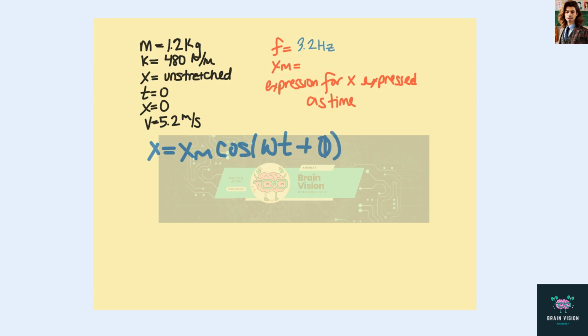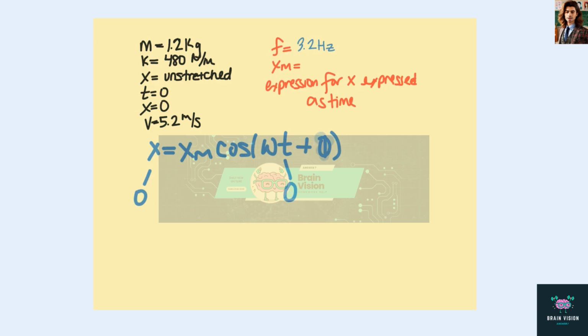And in this case, x equals 0 and t also equals 0, because we were told that at time 0, the displacement was 0, it passed through position 0. And so we can rearrange this equation in order to solve for phi.